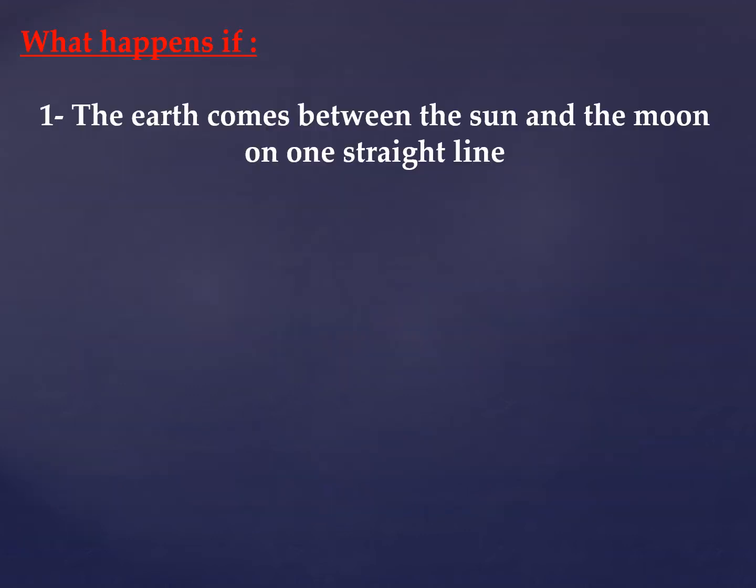Let's start an exercise about the previous part. The first question, what happens if? Number 1. The Earth comes between the Sun and the Moon on one straight line. The answer? The lunar eclipse will happen.